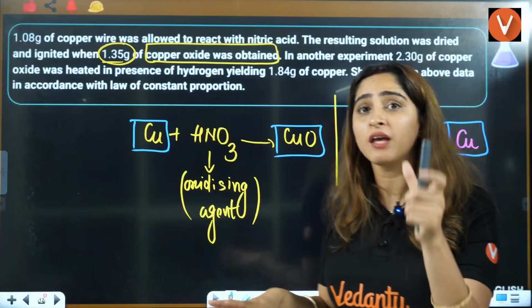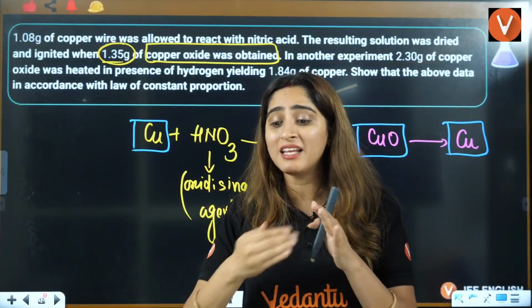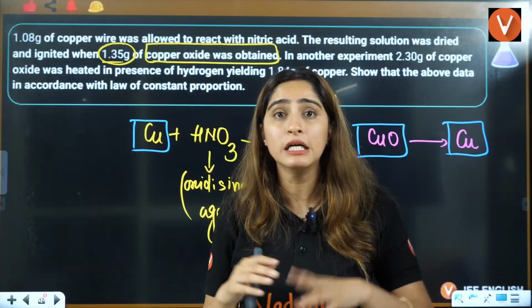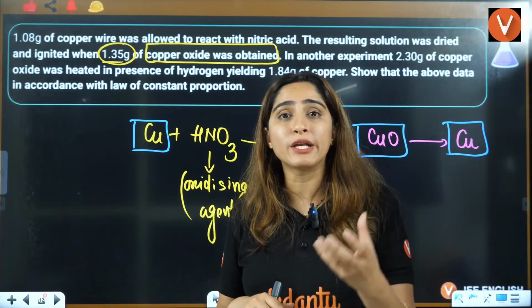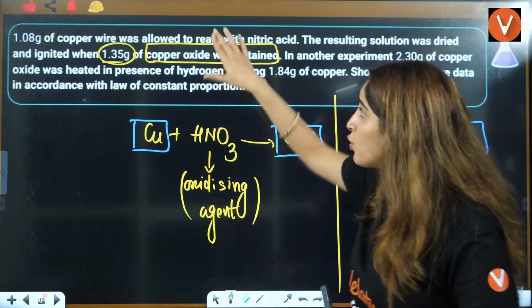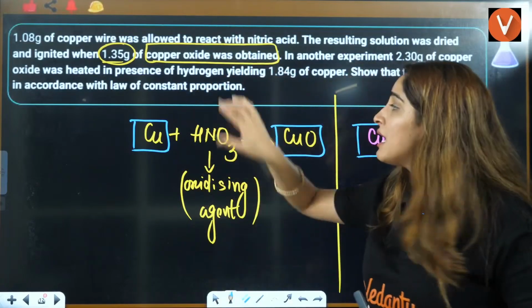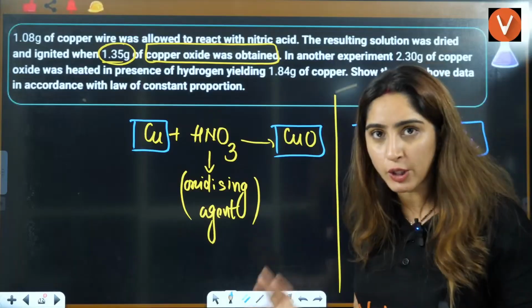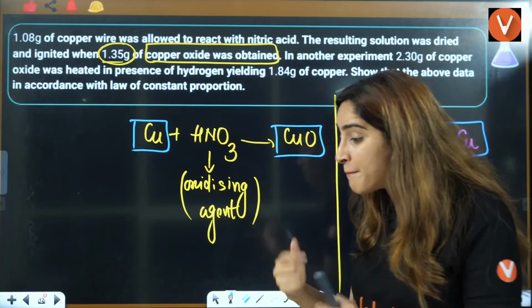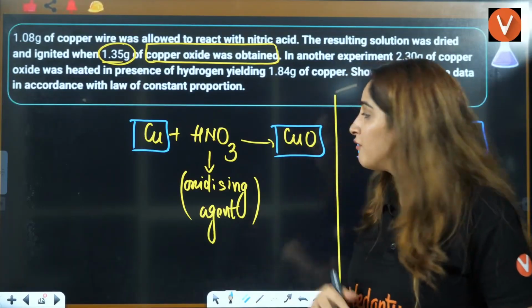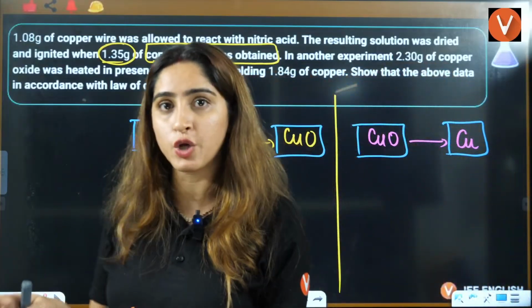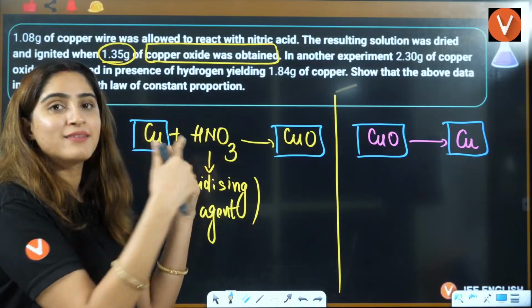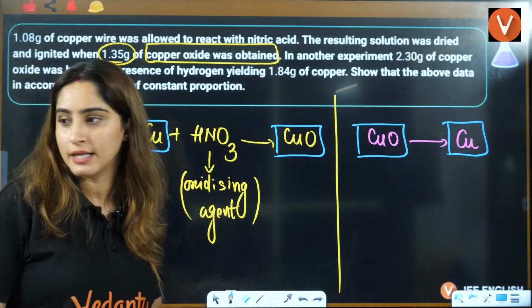This is the way, because right now you are in the initial stage of understanding the numericals of physical chemistry. So how are you going to proceed? First, see what the question is. Then write down whatever is given to you. Don't jump into solving the question. Then see what they have asked you. Then try to correlate what you can do here.